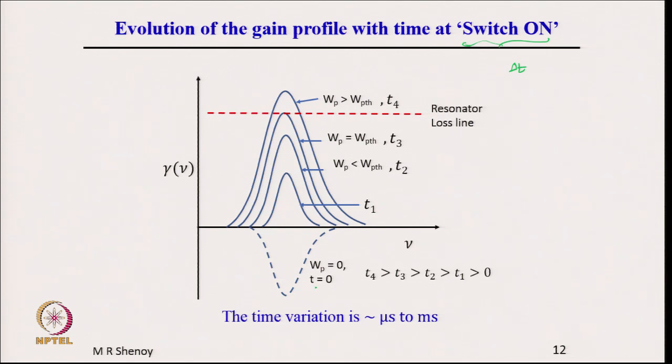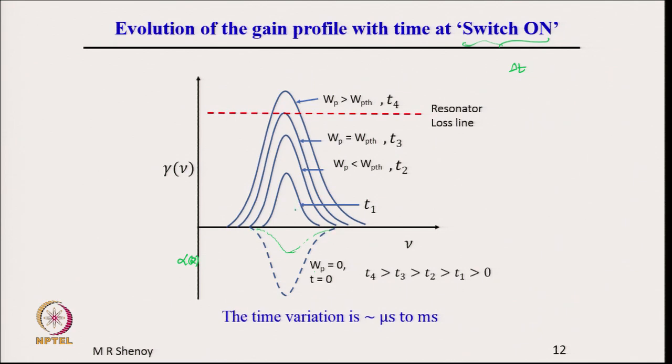So, at t equal to 0, the pump is not there. So, Wp is 0, and the medium is characterized by loss alpha of nu. This is the gain profile. As time increases, at t equal to some intermediate value, t1, which I have already shown as positive, after some time, these times are microseconds or a fraction of a millisecond, we are in the gain region.